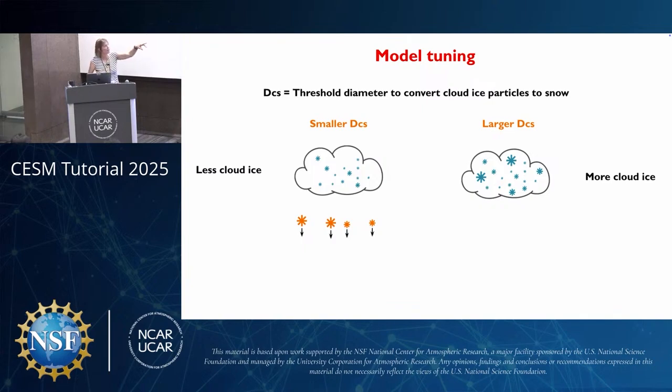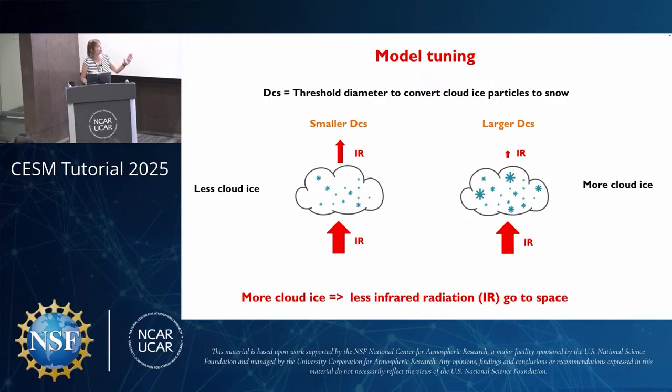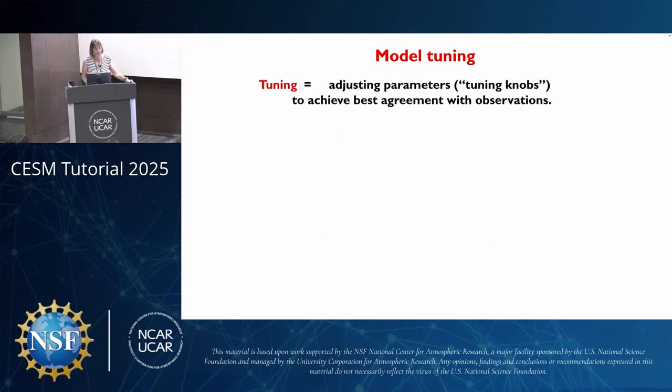While with the larger DCS, you have more cloud ice. And what's going to be the impact on the climate? If you have less cloud ice, you will have more infrared radiation that can go back out to space. While on the right side, I have more cloud ice, and you will have less infrared radiation that can go back to space.